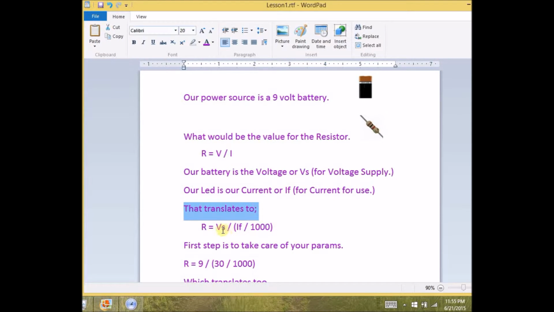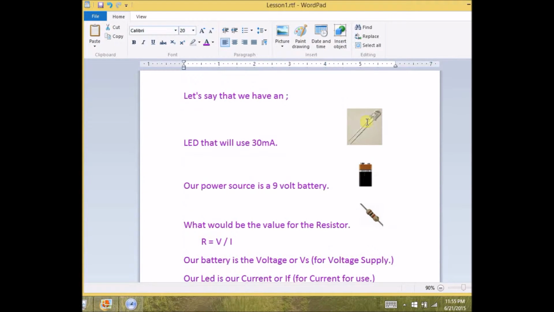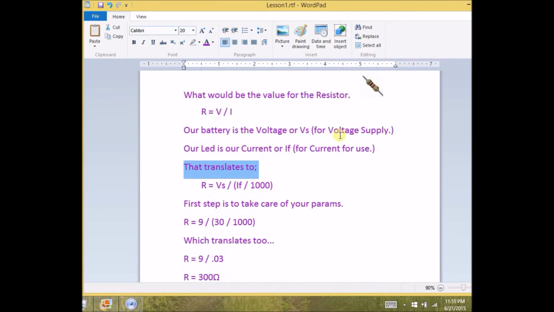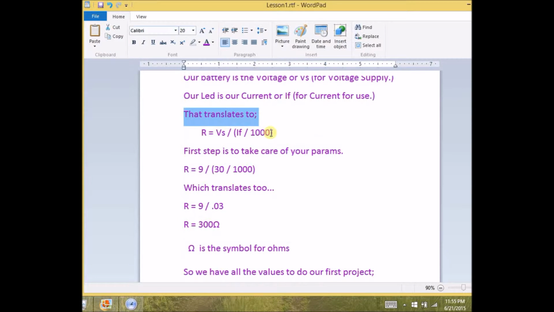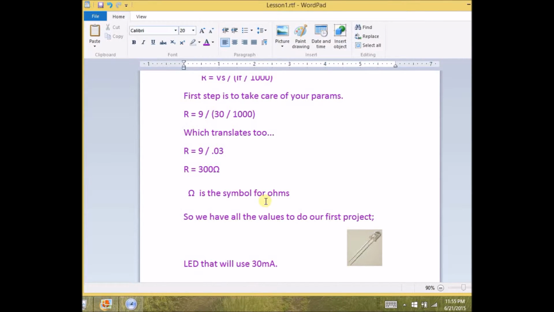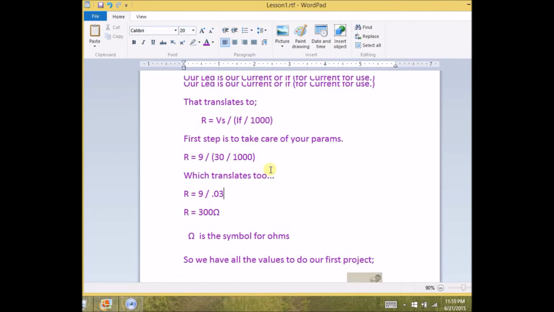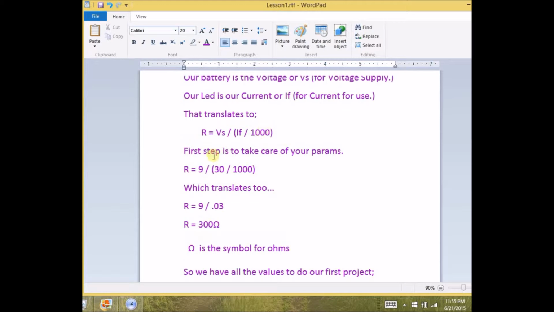So we have our voltage supply, that's the battery, divided by our current used, which is our LED, divided by 1000. Well, that's just the amount that it is divided by. I researched it a long time ago. I can't remember what that is, but it's 1000.